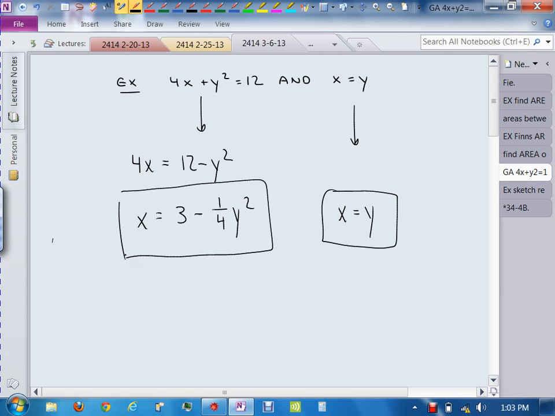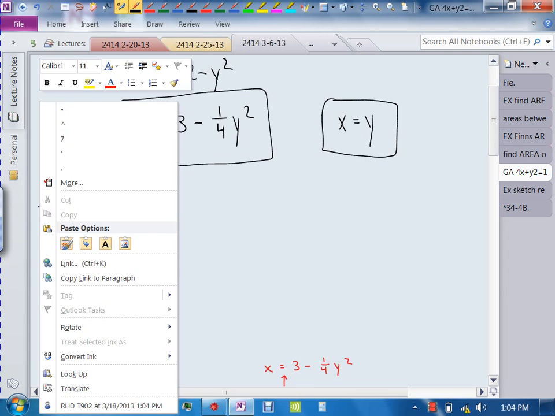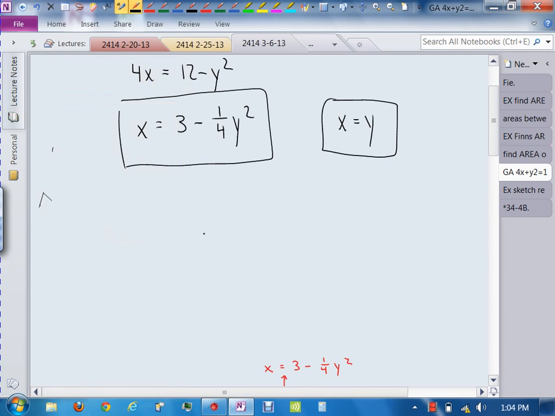Now, if you were going to do the parametric on your calculator, what would your parametric be? Okay, what is it's x1(t), y1(t). So on your calculator, if you did like x1(t), y1(t), the x1(t) would be 3 minus 1/4 t squared, and then the y1(t) would be t.